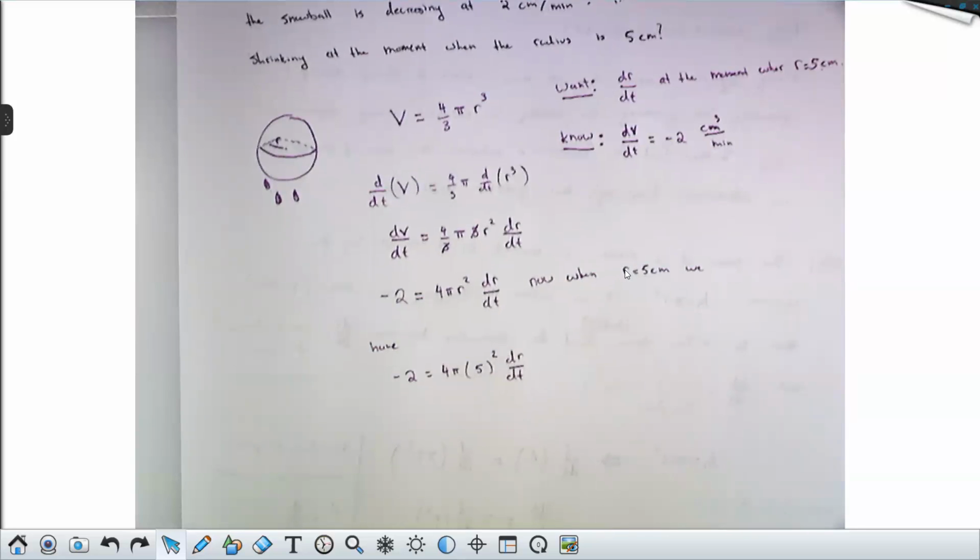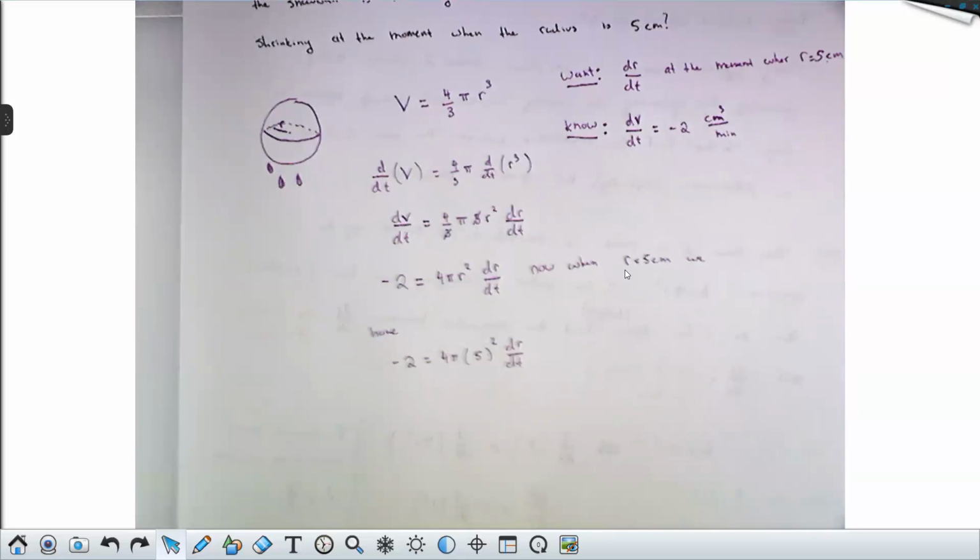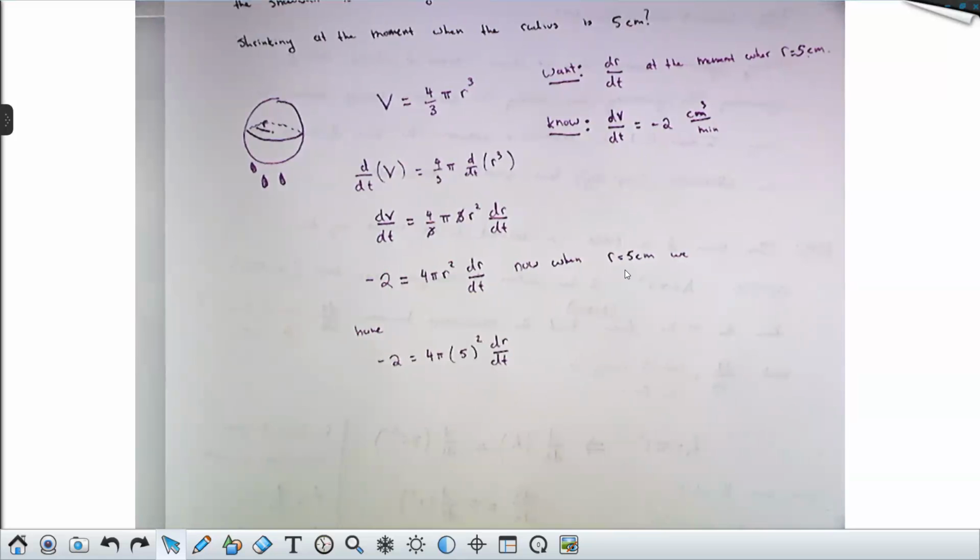As a mathematician, I'm not super picky about your units, but you do need to be a little bit careful. So here, every unit of length is in centimeters, and every unit of time is in minutes. So I don't need to be super paranoid about my units. But if your problem gives you different units for a length or different units for time, you'll need to convert one into the other.